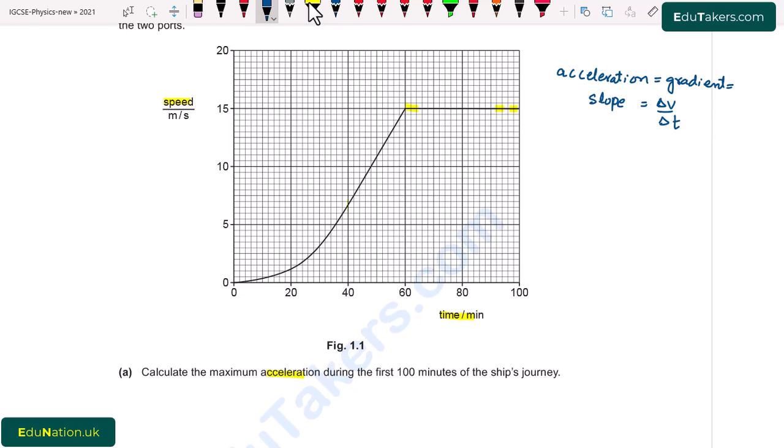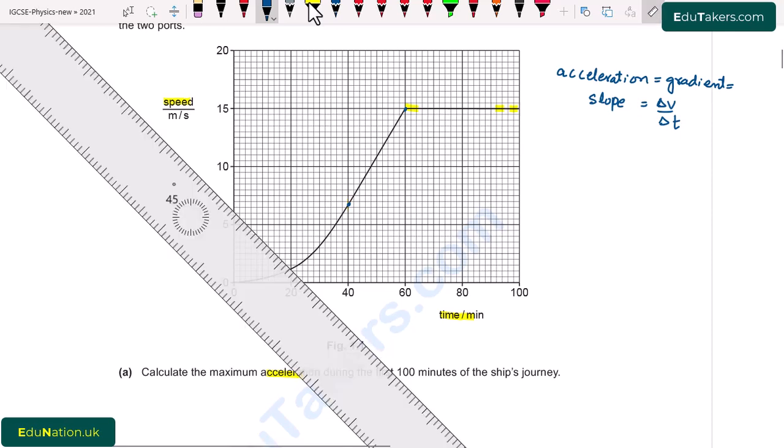So to calculate the maximum acceleration, we have to first find out the portion where the slope change is maximum. The slope is increasing from 40 minutes to 60 minutes. So here the slope is maximum. It means that the acceleration in this region is maximum. So we draw these points on the x-axis and y-axis.